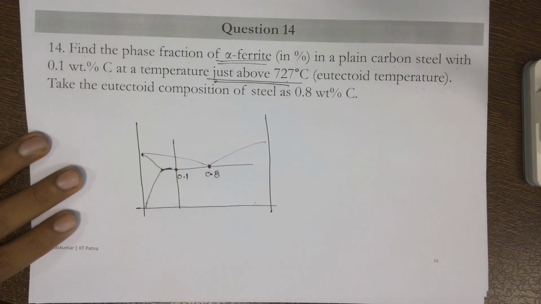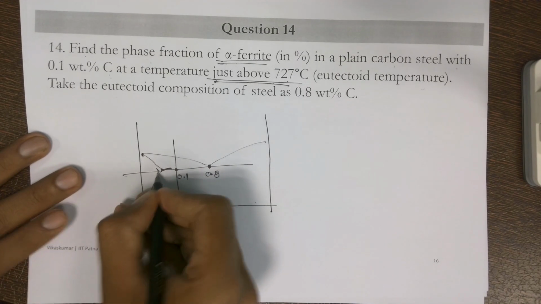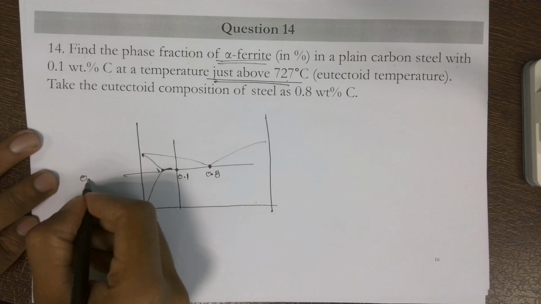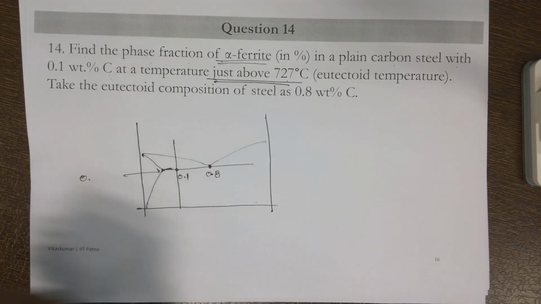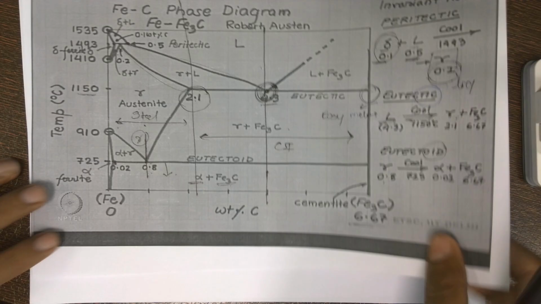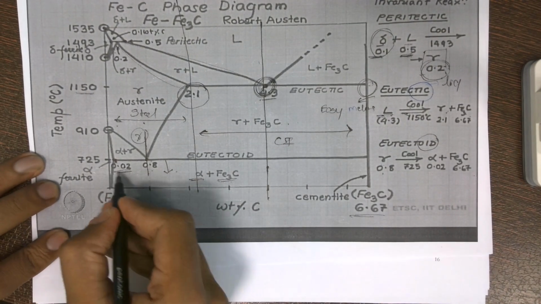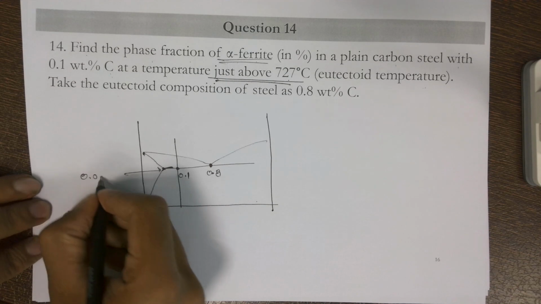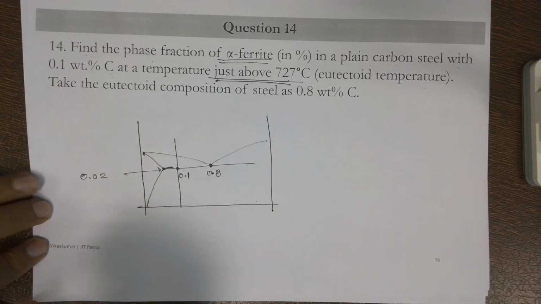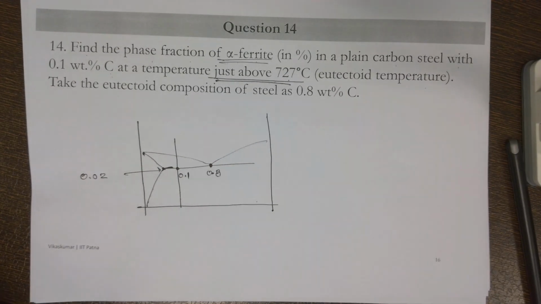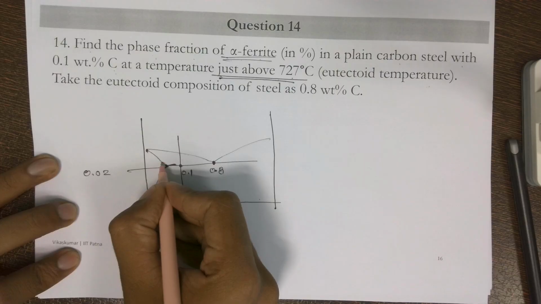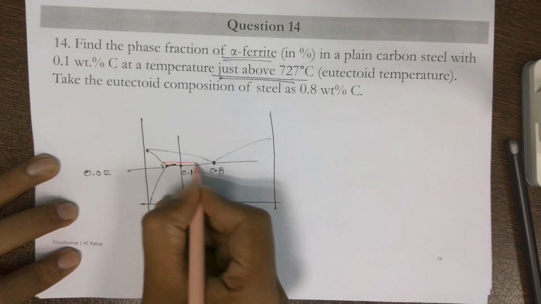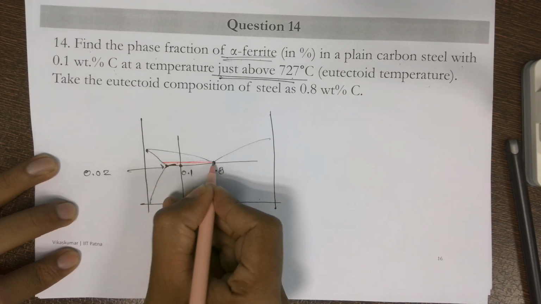And since it's not given, we can write the one which is given in the phase diagram. Let me show you. 0.08, sorry, 0.02. Okay, so this is 0.02. And what temperature are we at? We are just above this particular eutectoid temperature, somewhere over here. Okay, just above.